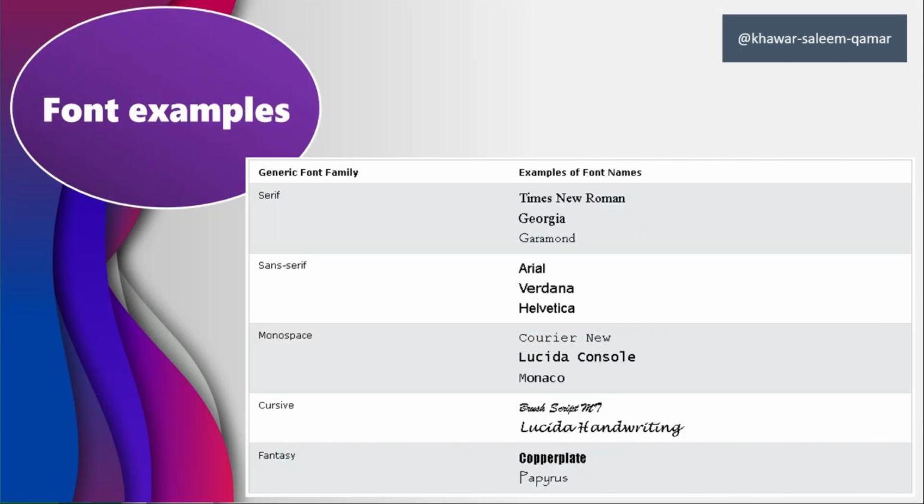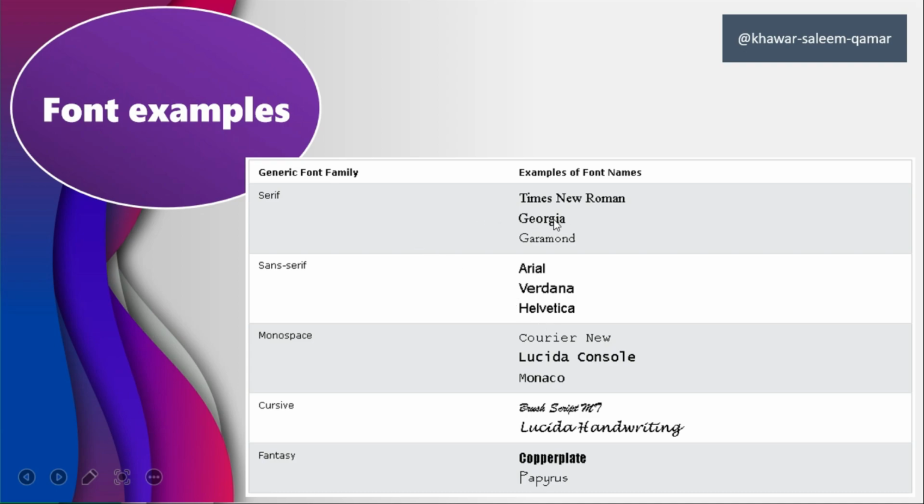So for example, these are the font examples and names of some of the fonts related to these generic font families. In serif we could find Times New Roman, Georgia, Garamond, and in sans-serif we could find Arial, Verdana, Helvetica.